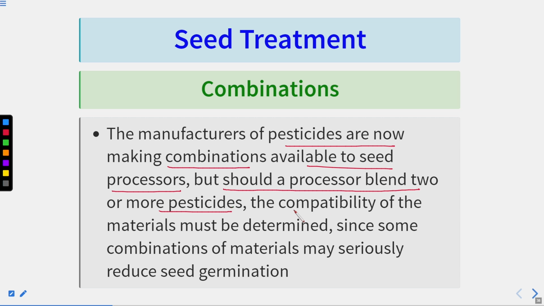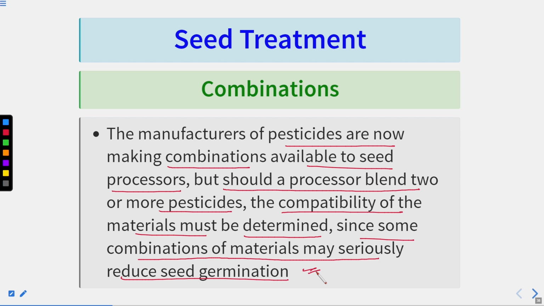The compatibility of the materials must be determined, since some combinations of materials may seriously reduce seed germination. So this is very, very important, that whatever combination you are using should be recommended. We should not use just any type of combination, because there can be an adverse effect, right?